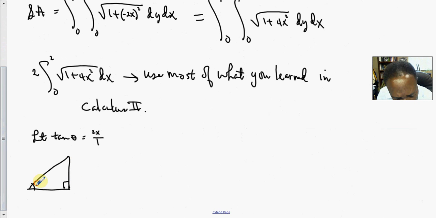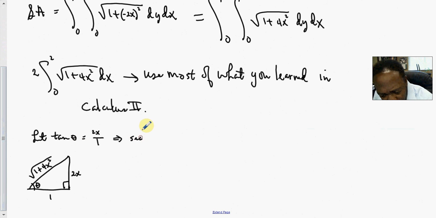So here theta, and tangent is opposite over the adjacent. Then the hypotenuse is the square root of 1 plus 4x squared. So if this is the case, then taking the derivative of both sides, secant squared theta d theta is equal to 2 dx.